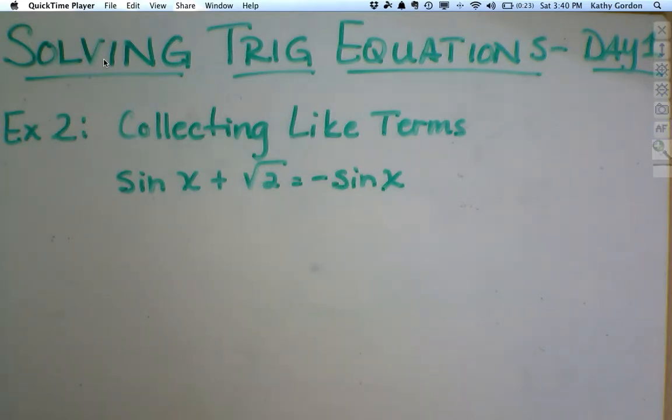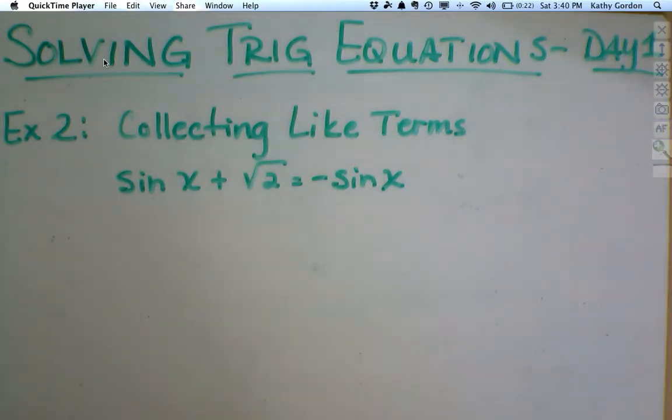So in the first example, I would call that an isolating a single trig function method. You had a fairly simple equation that had a single trigonometric function in it. Your goal was to isolate that trigonometric function so that you could then find the values for the x, or the angle measure, that would give you the answer that you were looking for.